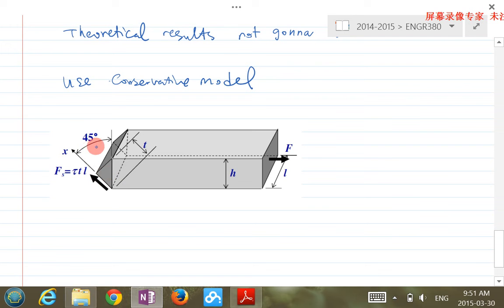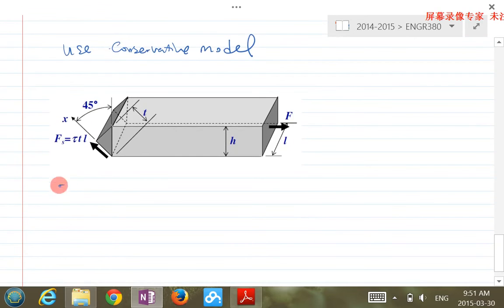Basically we resolve the total F into Fs, the shear force, and then we assume this Fs applies to the 45 degree cross section. Then how much shear stress do we have, because of this conservative model?